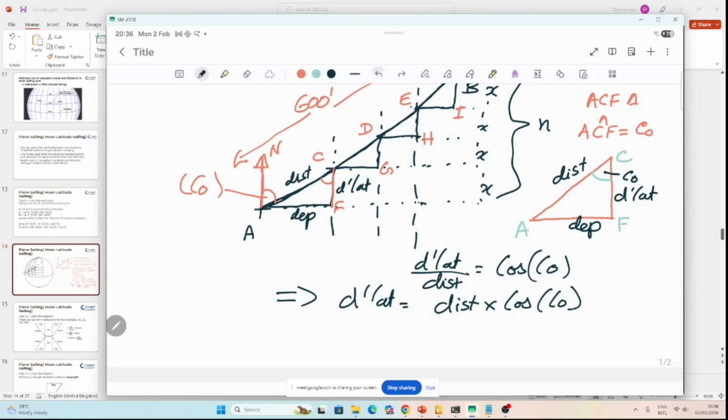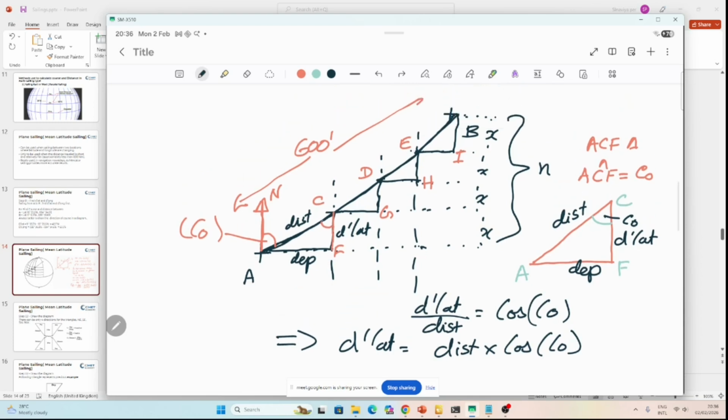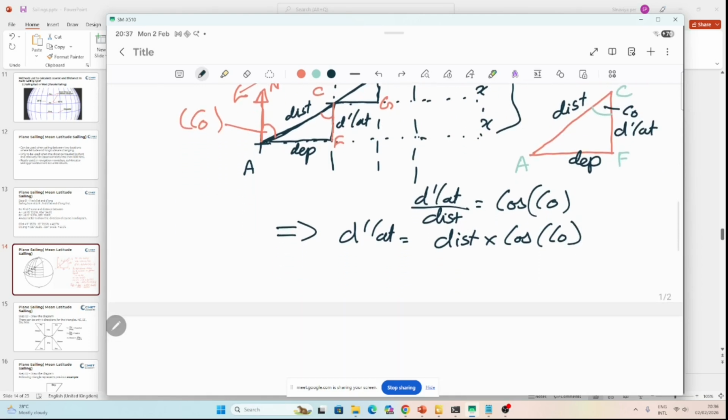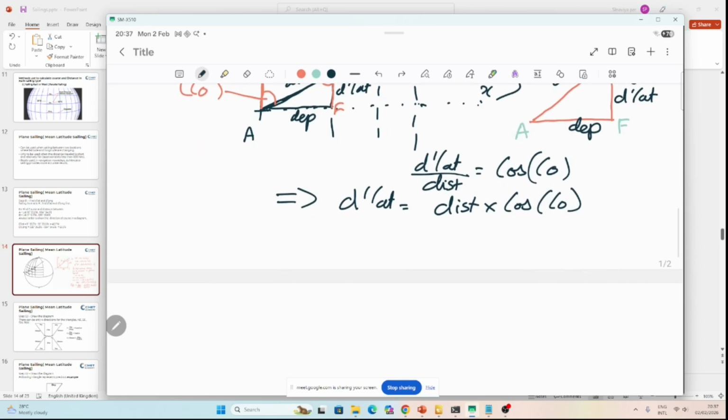Now since we have divided this A to B distance into n number of triangles, if I multiply this dlat by n, both sides need to be multiplied. Then from mathematics you know that both sides need to be multiplied by n. So n dlat equals n distance into cos.